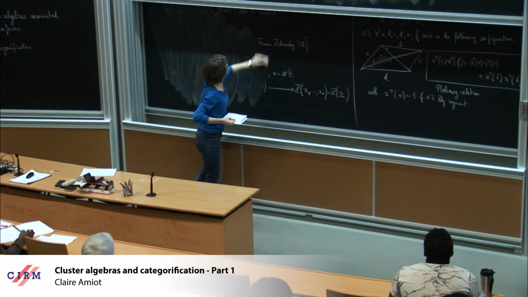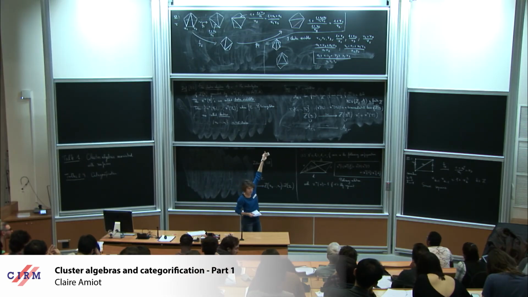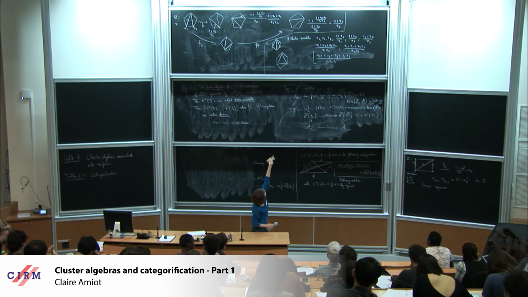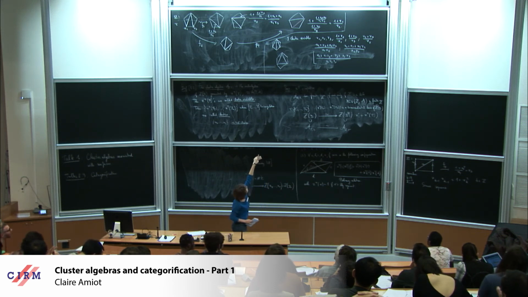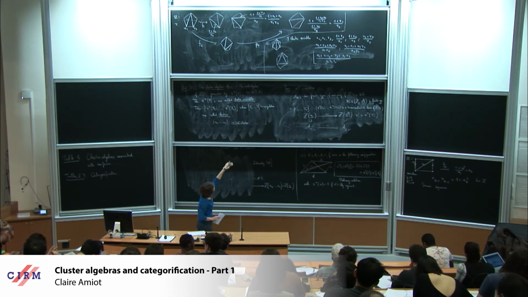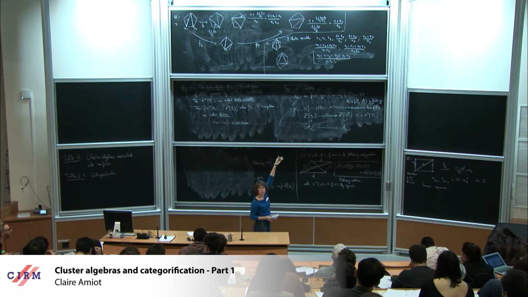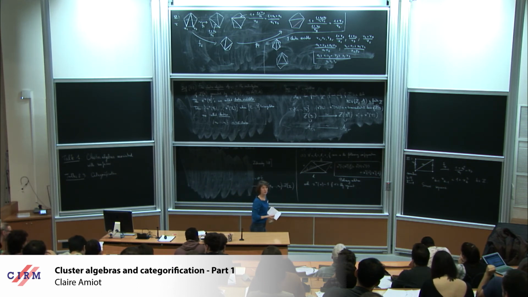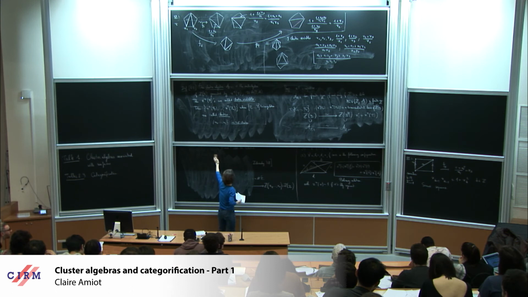It's not clear from the definition. You can see in the computation that you have to divide by x1 plus x2, so it's kind of a miracle that the fraction just simplifies.